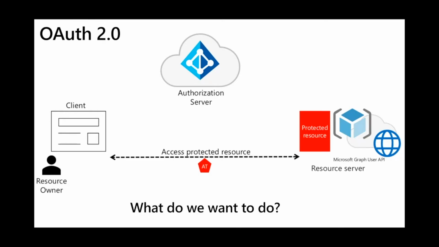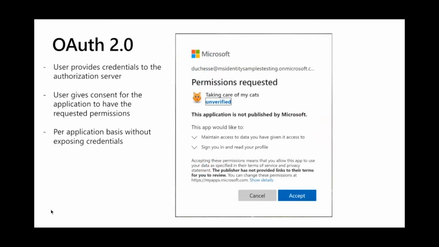The protocol starts when the user signs into an application, and they are presented a sign-in screen or a login screen like this. You've probably seen something similar. As a user, I have to give consent for the application to have the requested permissions. Basically, OAuth 2 allows a user to grant limited access to their protected resources on a per application basis, without the user having to expose their credentials, as we saw in the do-it-yourself model earlier.